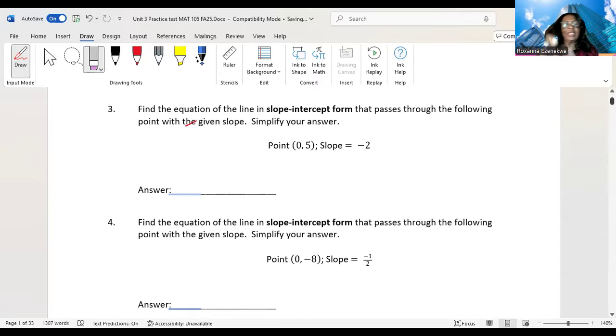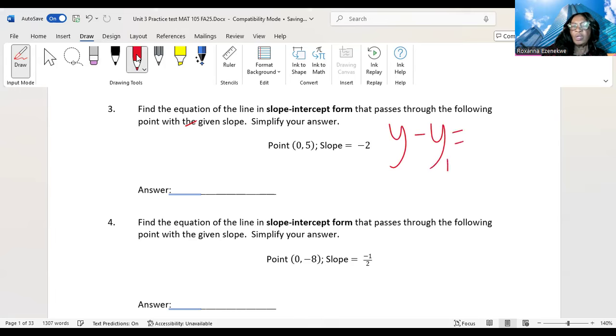We talked about this a lot. Whenever you're told to find the equation of a line and you're given the point and the slope, you have to use the point-slope formula: y minus y1 is equal to slope times x minus x1.